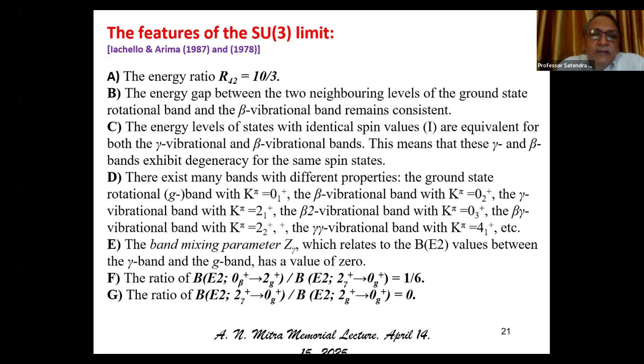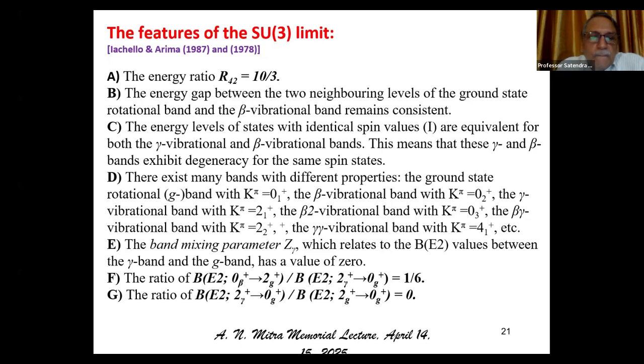There exist many bands with different properties, like the ground state band K pi equal to 0 plus, beta vibrational band K pi equal to 0 plus, gamma vibrational band K pi equal to 2 plus, and so on. The band mixing parameter is 0 here between the gamma and ground band.